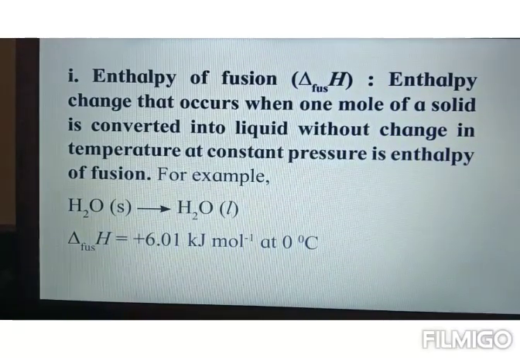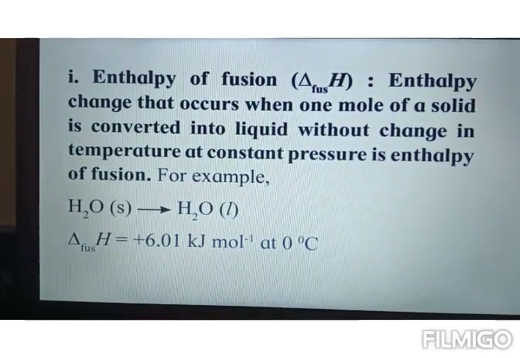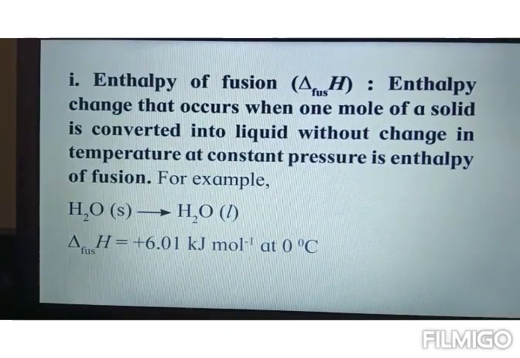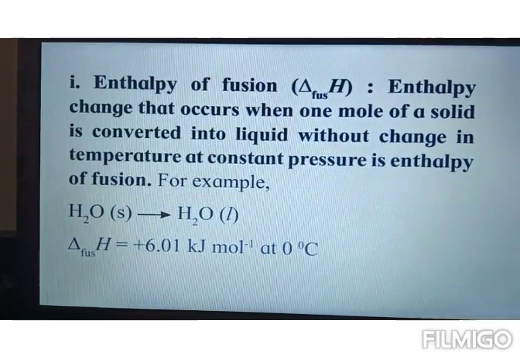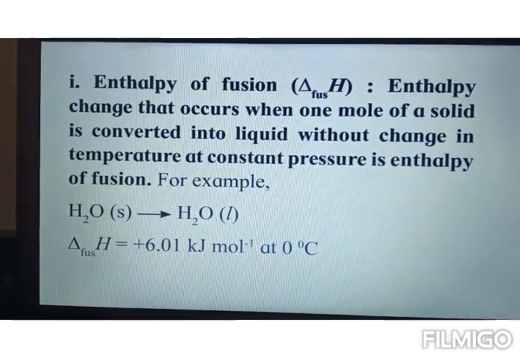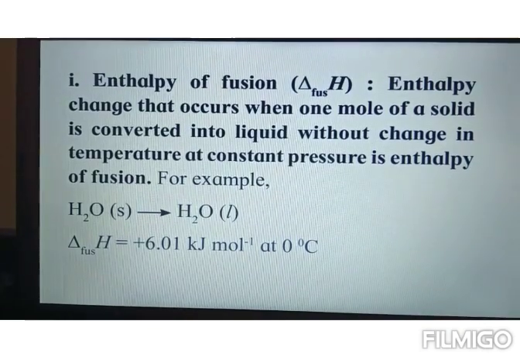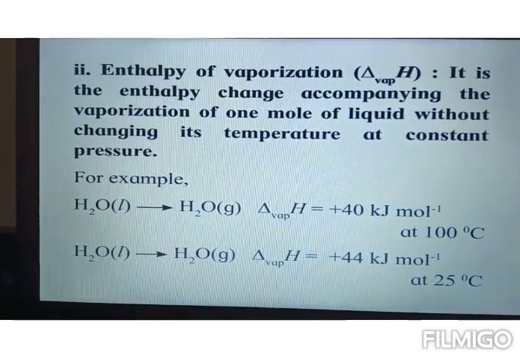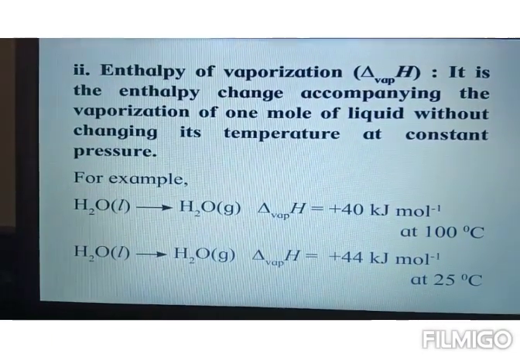Now here we have an example, that is conversion of H2O solid to H2O liquid, that is ice is converted into liquid water, and delta H fus, that is the enthalpy of fusion, is given. It is plus 6.01 kilojoule per mole at 0 degree Celsius. Now enthalpy of vaporization is denoted by delta H vap.